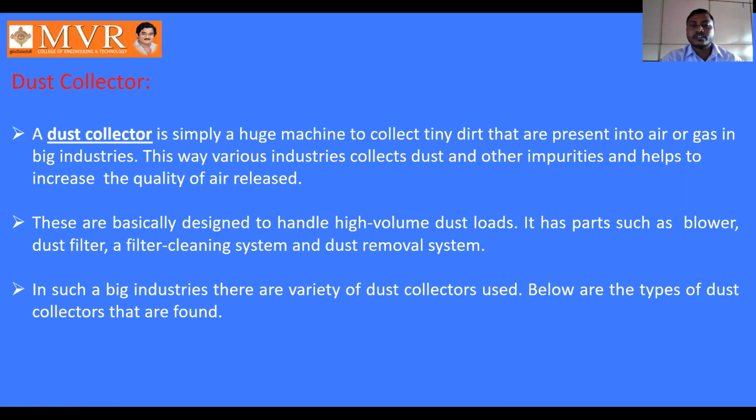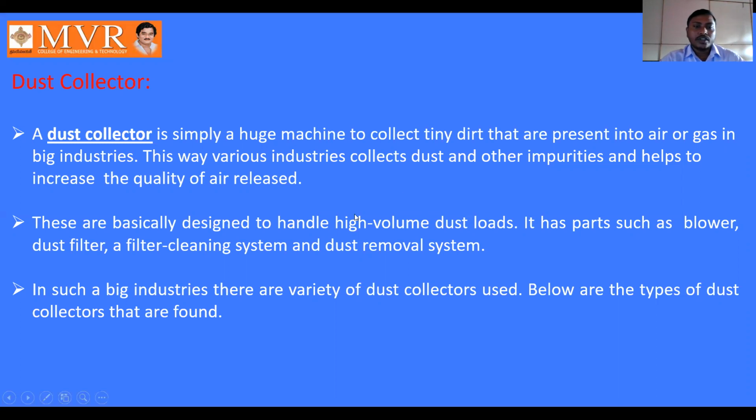This way, various industries collect dust and other impurities, which helps to increase the quality of the air released. We increase the quality of the air by removing the dust particles and impurities in the air by using this dust collector.